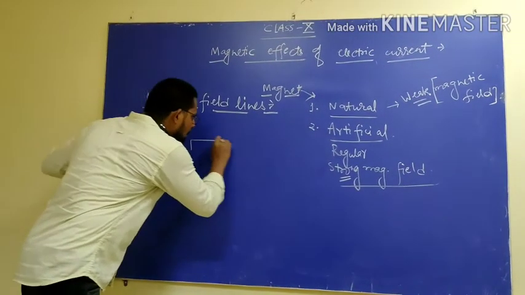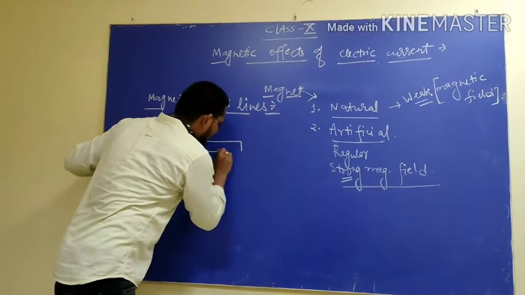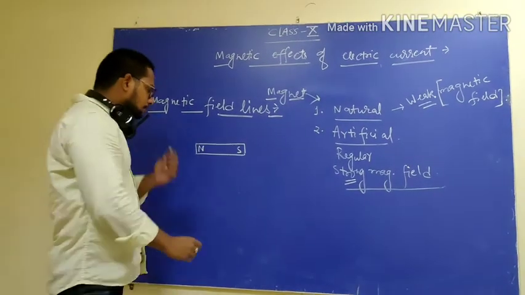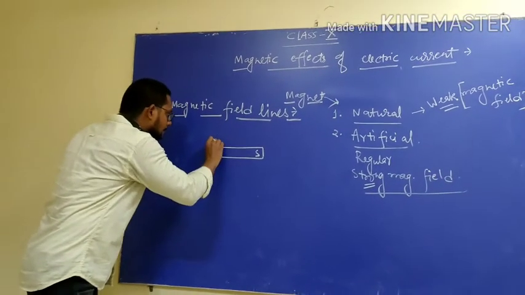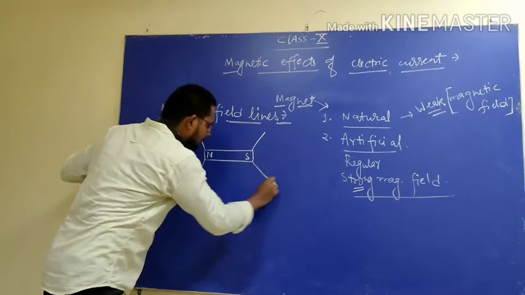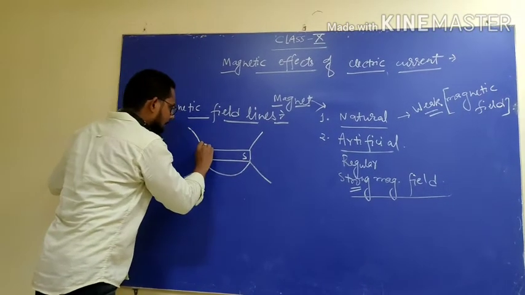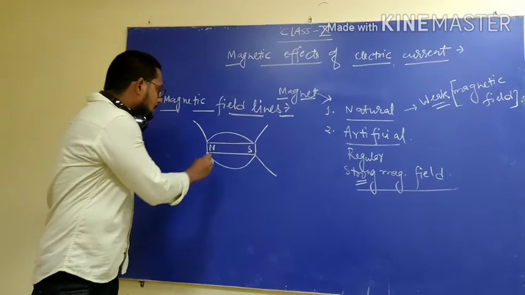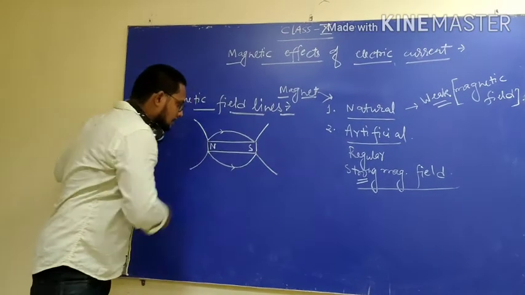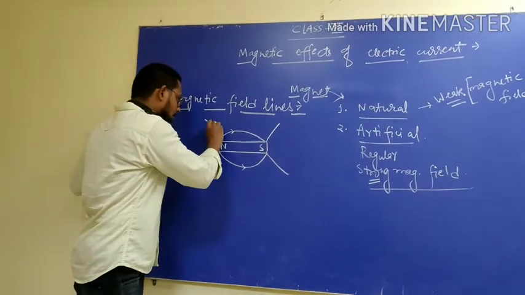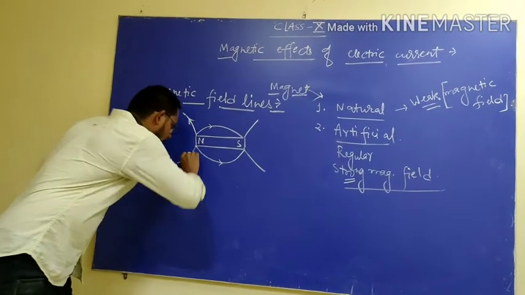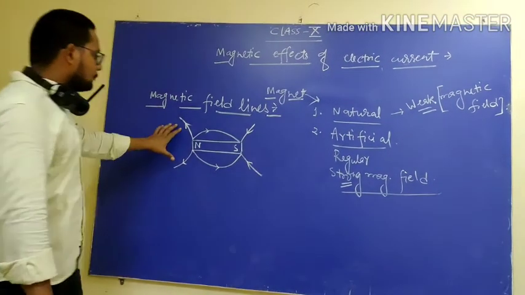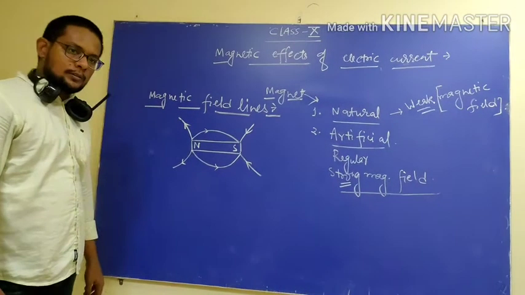Suppose, in properties I will discuss furthermore, but for now, suppose this is the North Pole and this is the South Pole. If we draw field lines here, we know that magnetic field lines originate from the North Pole and end towards the South Pole.